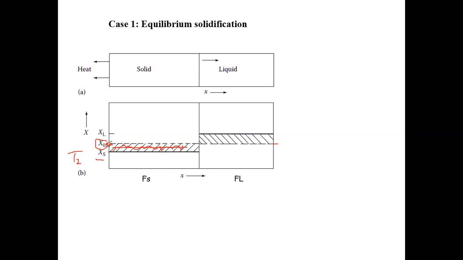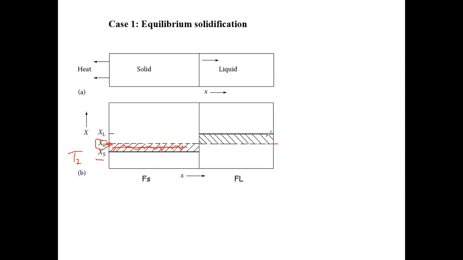Because initially you start with a composition of X naught, and now your new composition is XS. So the shaded area, which is the difference X naught minus XS times the length of the solid phase, tells you, roughly speaking, the amount of solutes that has been repelled into the liquid. Does this make sense to everyone?